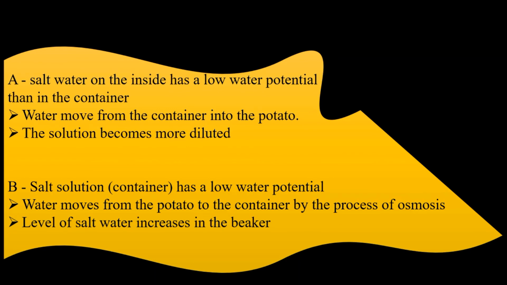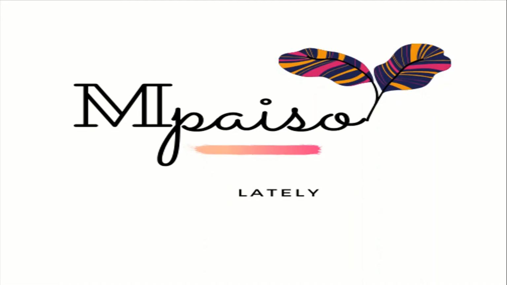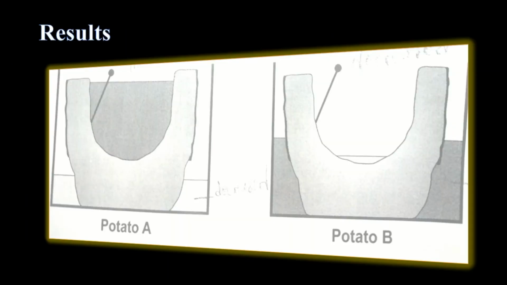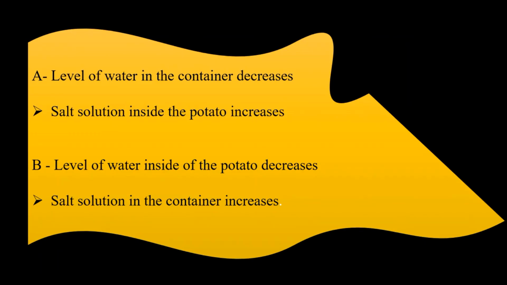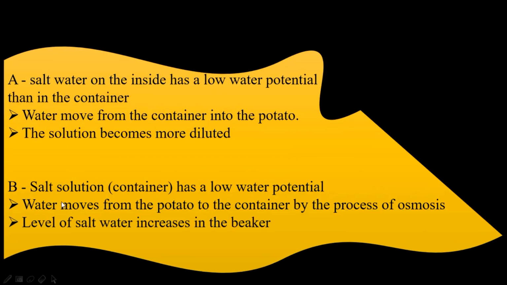All right. And then whereas in B, our salt solution, which is the one now in the container, has a low water potential. Sorry for that. It has a low water potential. All right. Now, because it has a low water potential, water will move from the potato into the beaker, and then because it's moving to the beaker, we are told that water moves from the potato to the container, or rather the beaker, by the process of osmosis.